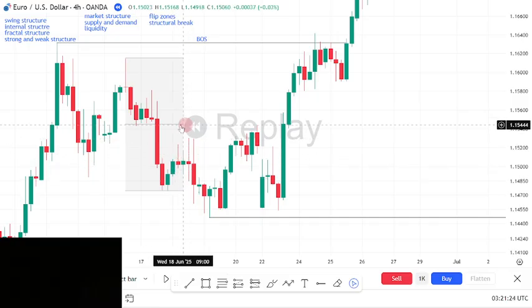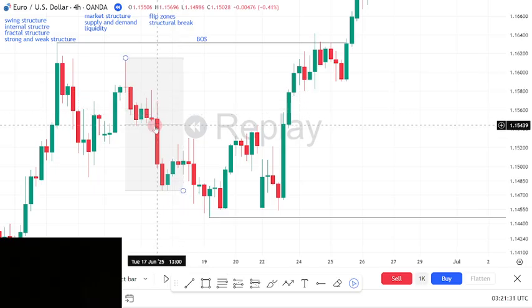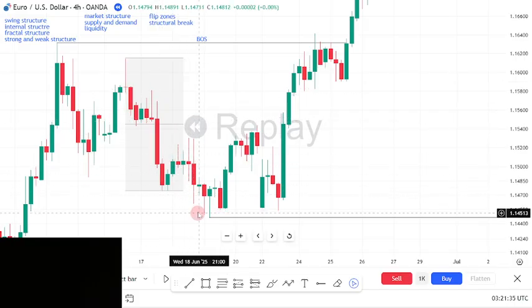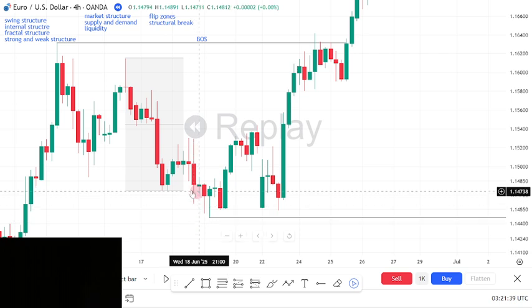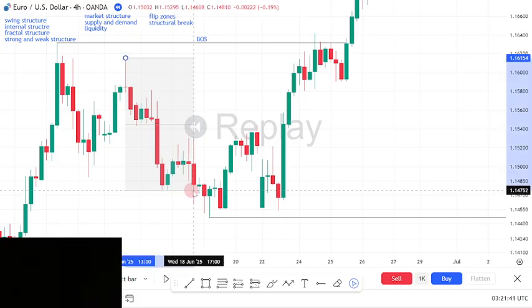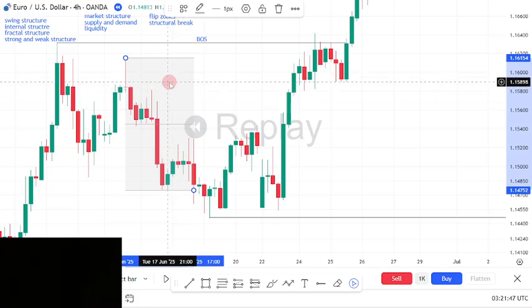When this is happening, it doesn't necessarily mean price must pull back into EQ and even premium before it sells off. Anything can happen. But most of the time, price will pull back into premium if you're in a bearish market structure.